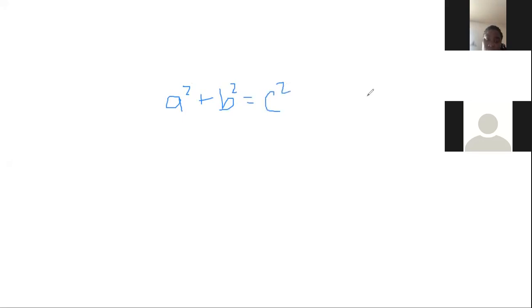That look familiar? a squared plus b squared equals c squared. This is the theorem that Pythagoras came up with 3,000 years ago that can always help you figure out distances on right triangles.